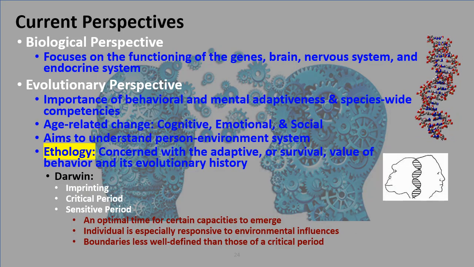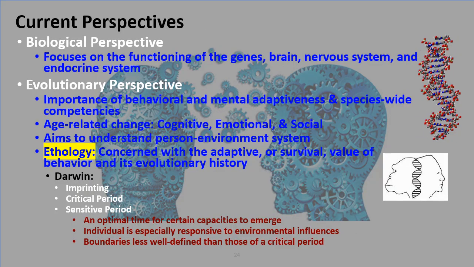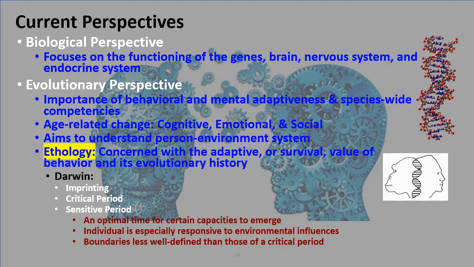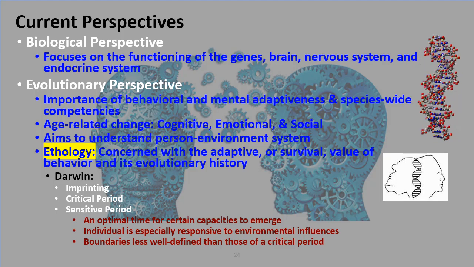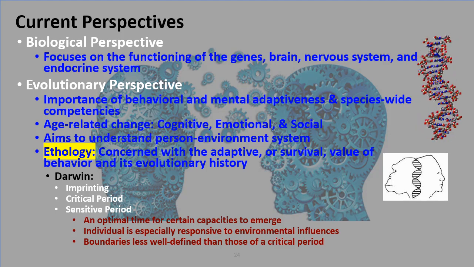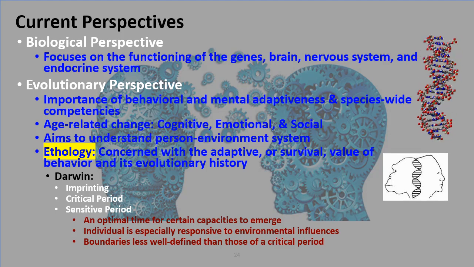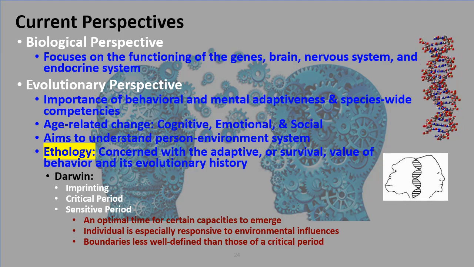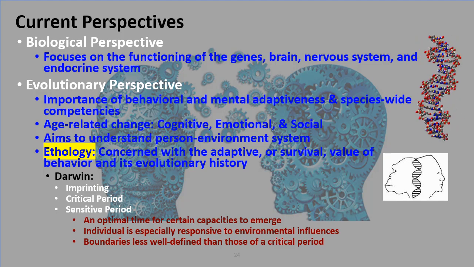Now, on top of that, there are different perspectives. We have the biological perspective, which is looking at the genes, brain, nervous system, endocrine system, and so forth. And that's biology. Okay. You have the evolutionary perspective, and that's really looking at how we adapt to things, and that spans nature and nurture.